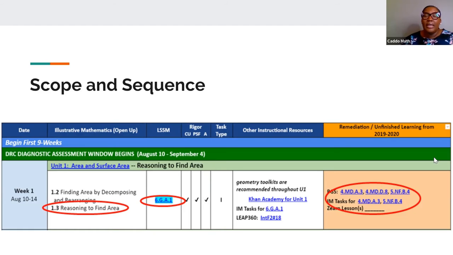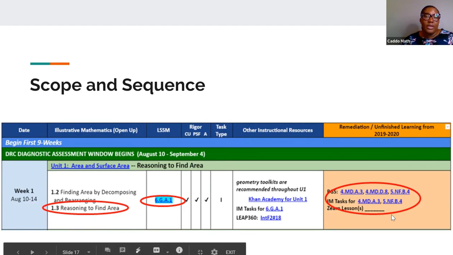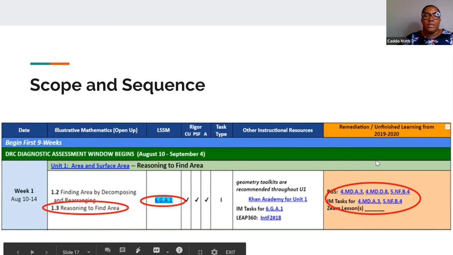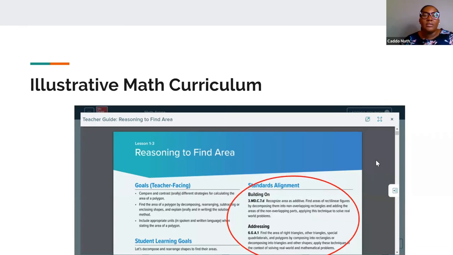If you notice that, of course, some of the standards from 5th grade are here that are unfinished learning for lesson 1 and 2 of unit 1. And of course, then our curriculum is also going to tell us what this particular lesson is building upon.